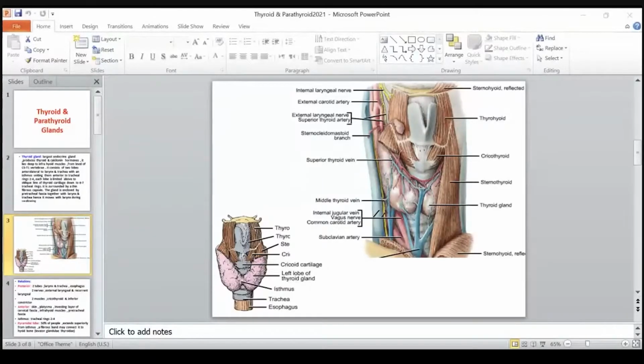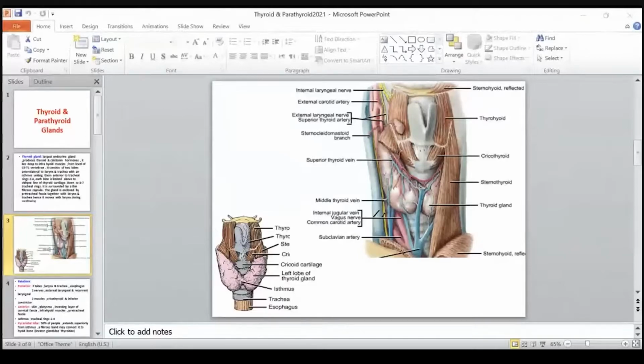The blood supply is through two sources. First, a branch from the external carotid artery, which arises above the superior border of the thyroid cartilage. This is the first branch of the external carotid, the superior thyroid artery. It descends toward the superior pole of the thyroid lobe and divides into two branches.